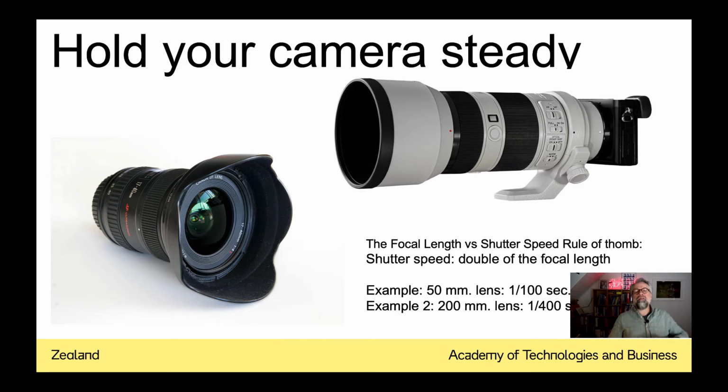Because when you have, like here, a tele lens with a large focal length, you need to have a shorter shutter speed.